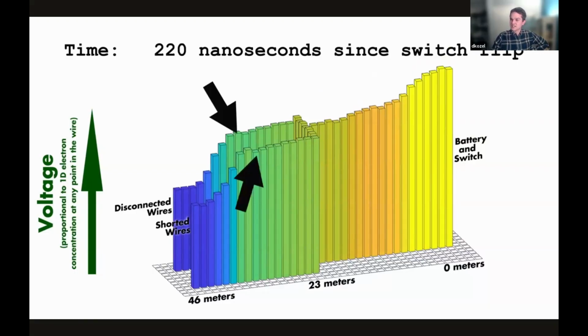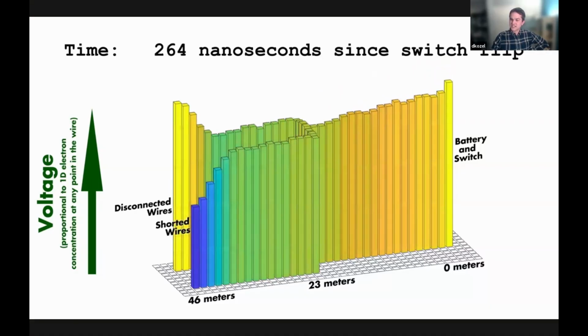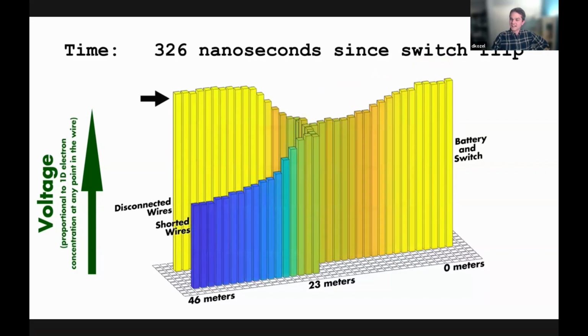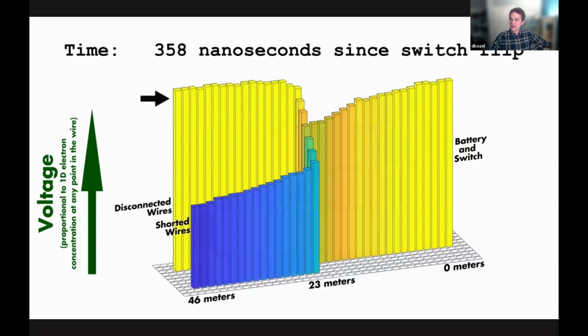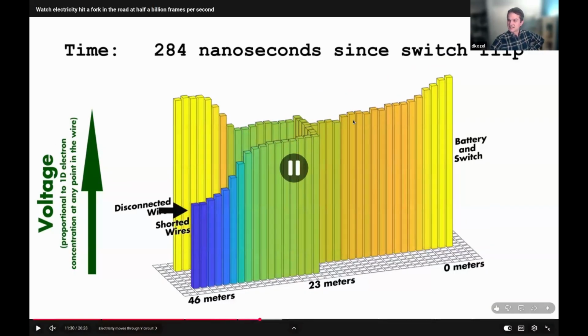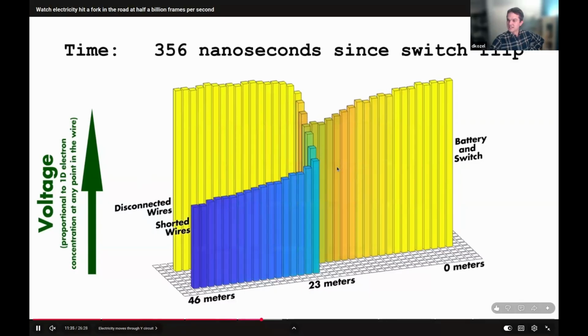And we can see that it's split down. It hits the end, the short stays low, and the disconnected goes high. For folks who have seen this, we can think of this as the phase of the wave either inverting or not here. And as it flexes back, we get this nice propagation.